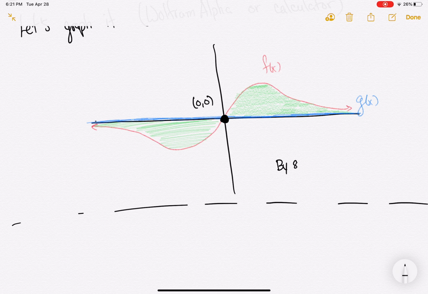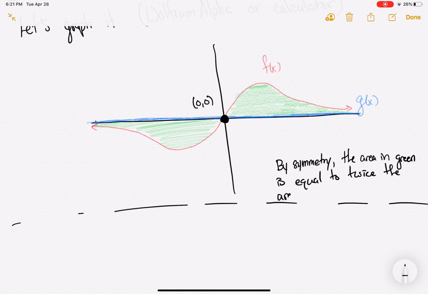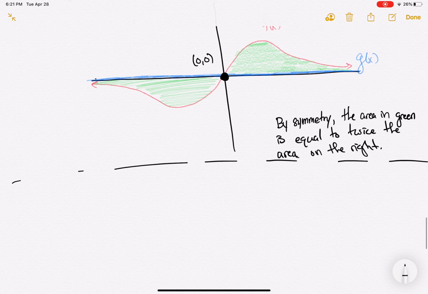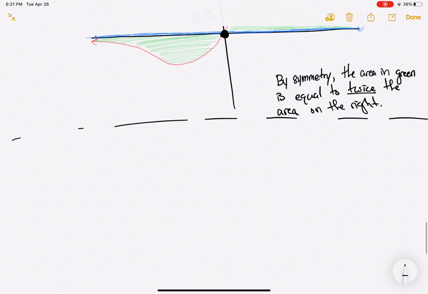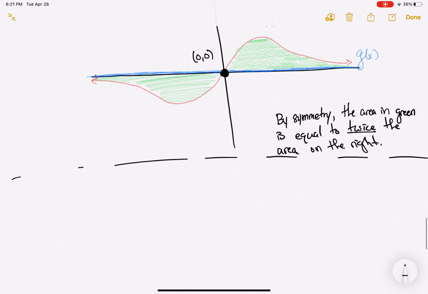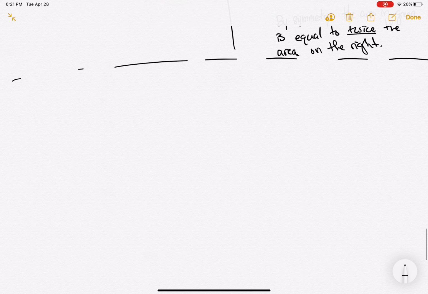By symmetry, the area in green is equal to twice the area on the right. You're going to see me use that later, but so we can do this two ways.